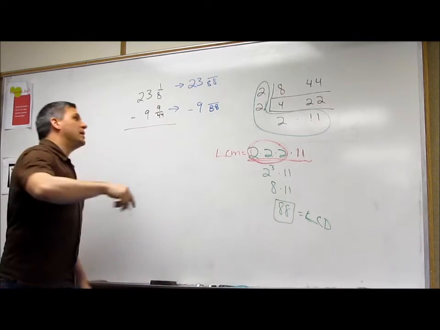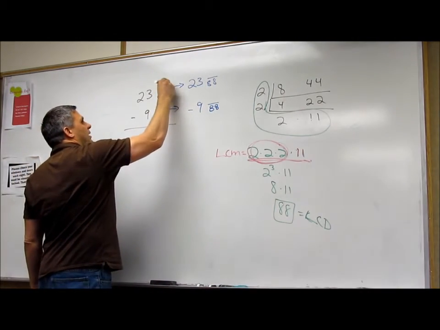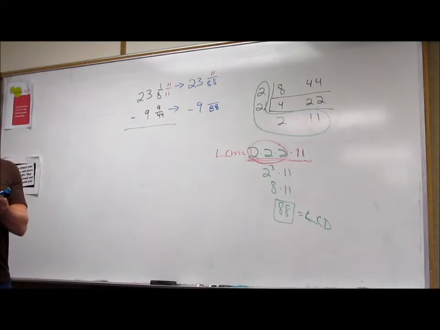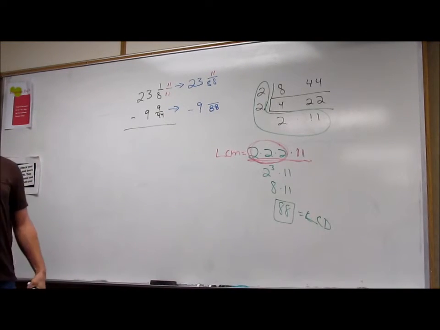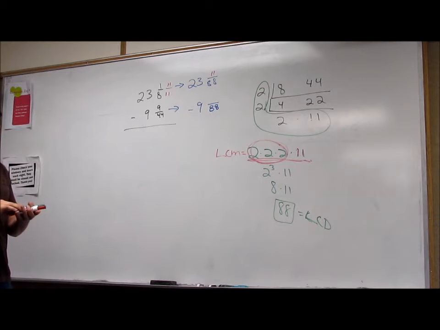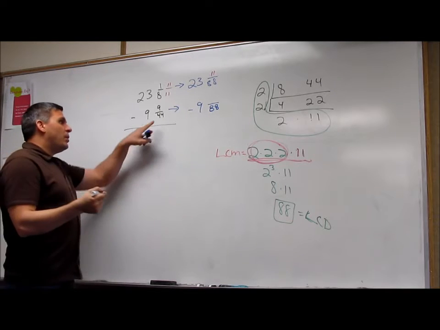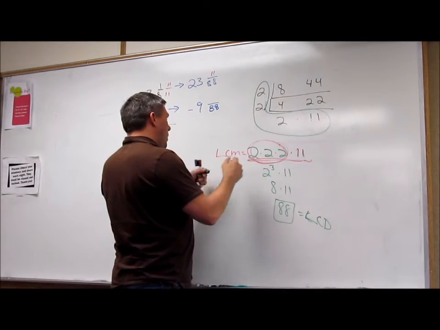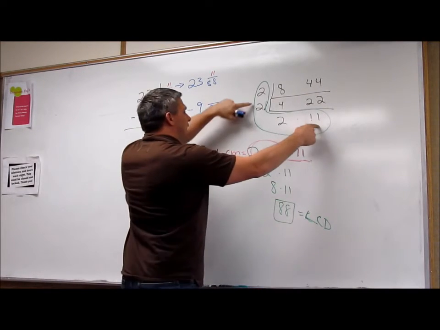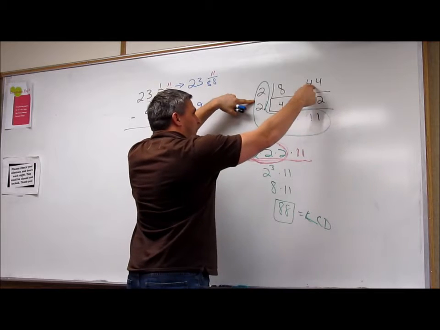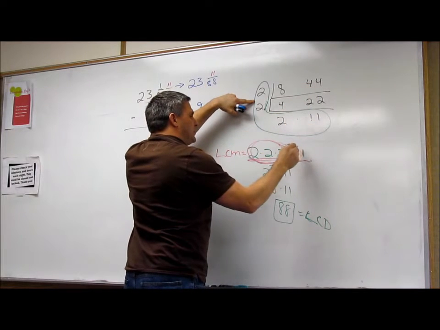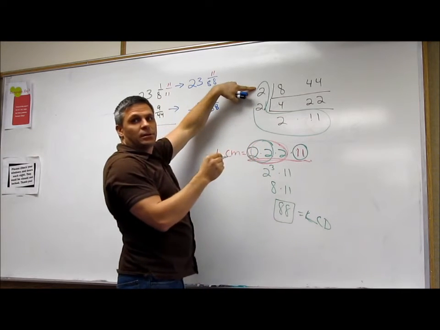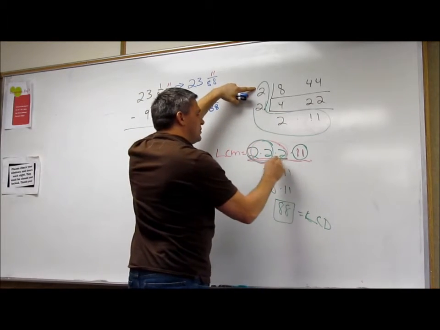And that's why we can take 1 and 1 times 11 and find 11 over 88, because 11 times 1 is 11, right? And then we want to do the 44. Well, again, the 44 is 11 times the 4, and what's left?